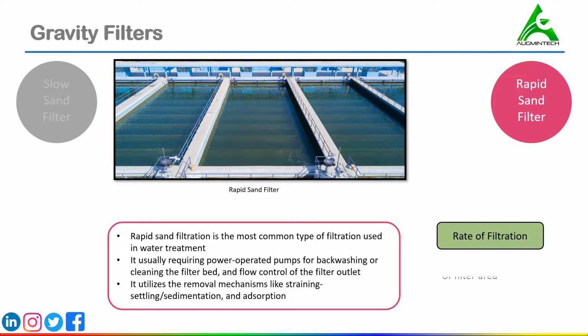The rate of filtration of rapid sand filter is large, 3000 to 6000 liter per hour per square meter of filter area. Because of the higher filtration rates, the areal requirement of a rapid filtration plant is about 20% of that required for the slow sand filter.